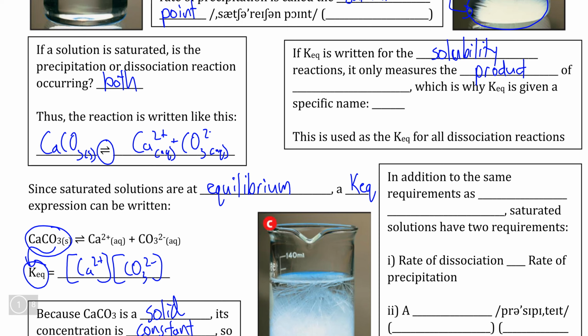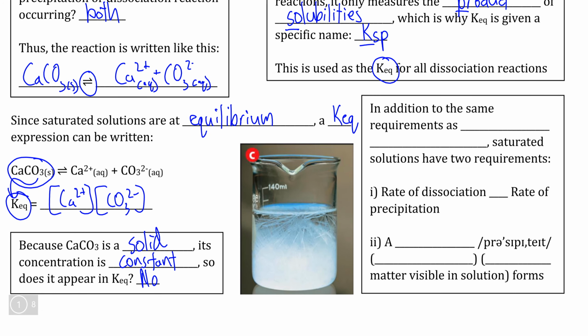So if KEQ is written for solubility reactions the way that it is, that means that it is only measuring the product, because again, there is no denominator other than 1 in this case, because the concentration of our solid solute is constant, so we only have the product of each of the different ions, and because each of these ions measures the concentration of the ions that is dissolved within the solution, we say that these are the product of the solubilities of each ion.